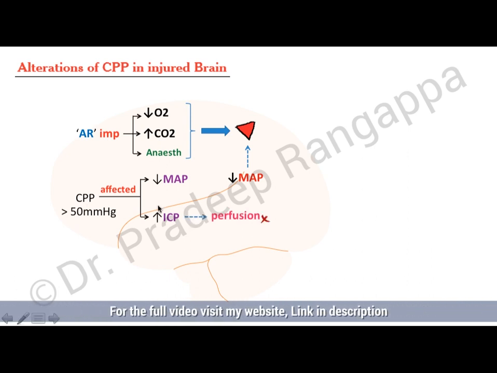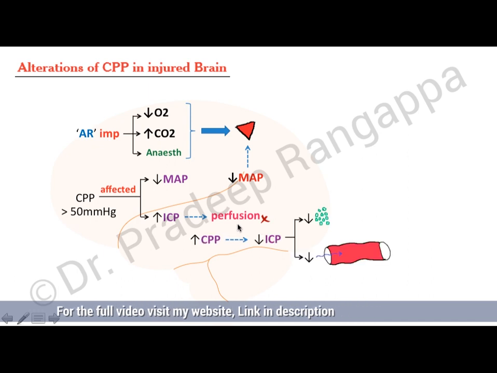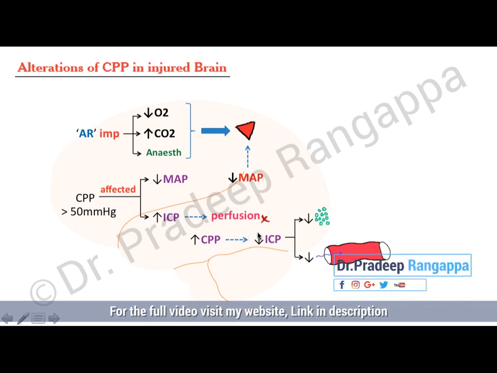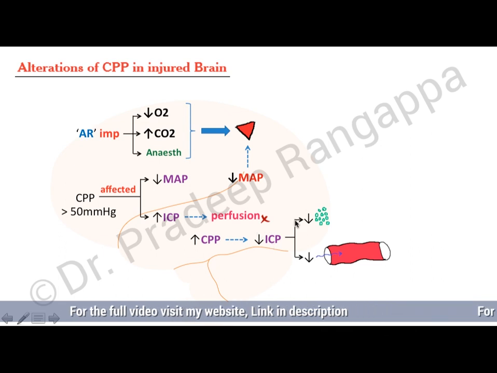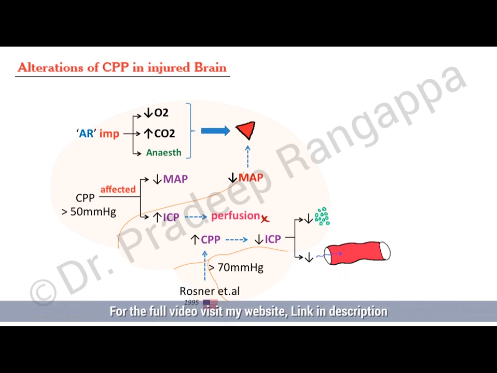And when there is an increase in intracranial pressure, your perfusion gets affected. What we have understood is that when there is an increase in CPP, intracranial pressure is expected to come down. How does it come down? By reduction in the vasogenic edema. There is a lot of edema in the brain, which tends to come down, and the cerebral blood volume tends to come down.